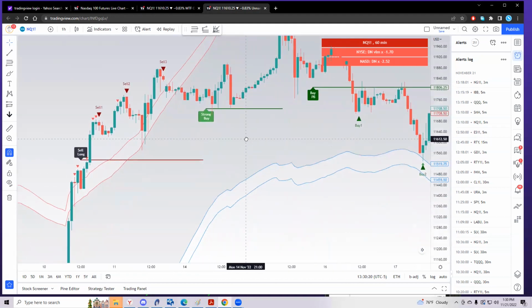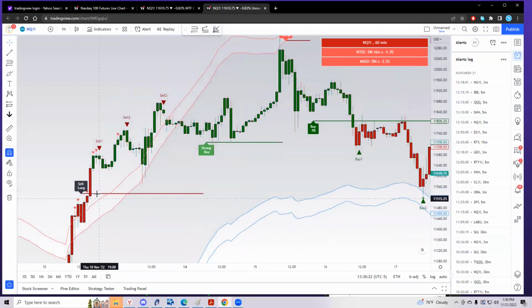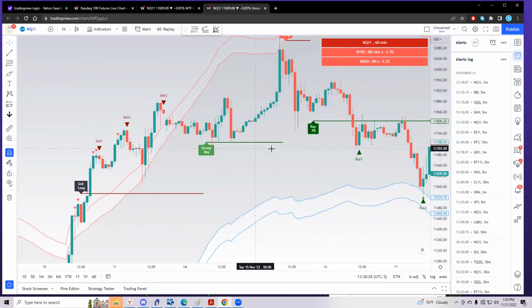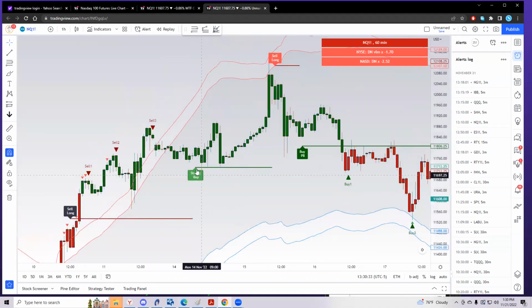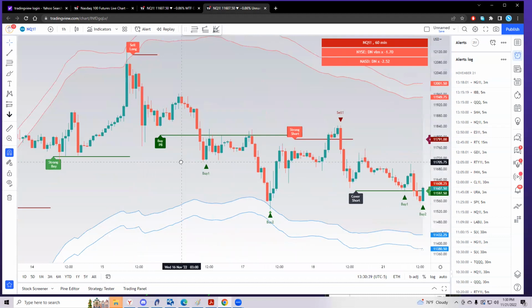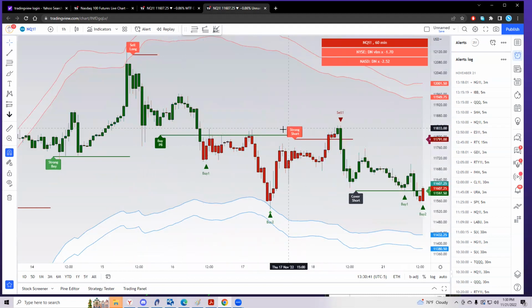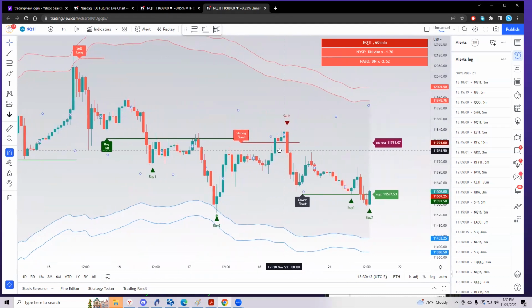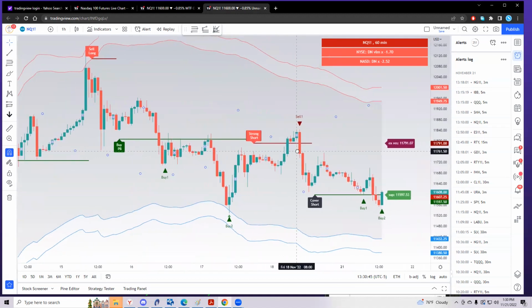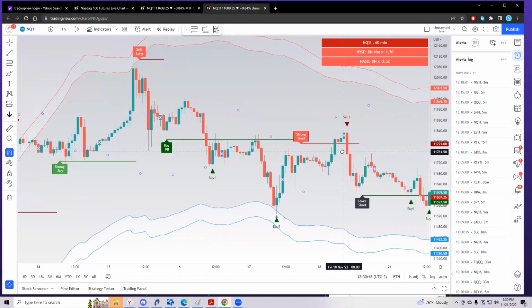And I would not consider every cyclical resistance as a short setup, and I would not consider every cyclical support as a long setup, unless you have strong buy or buy pullback signals, or you get strong short or short pullback signals, because we really want to be sure that we deal with a sustainable trend.